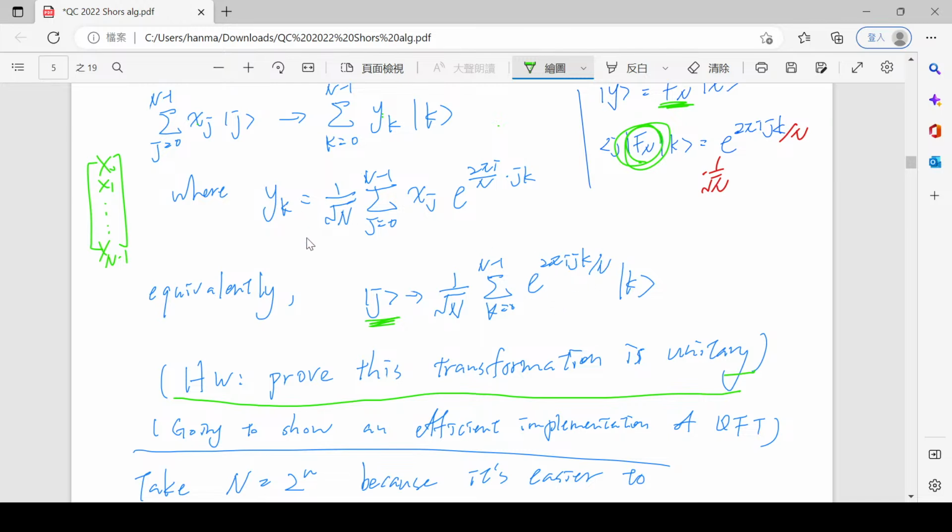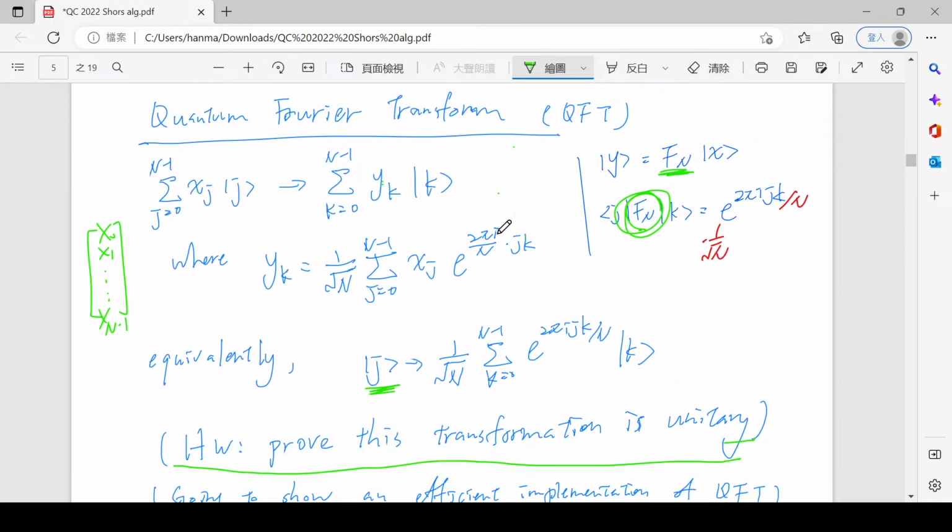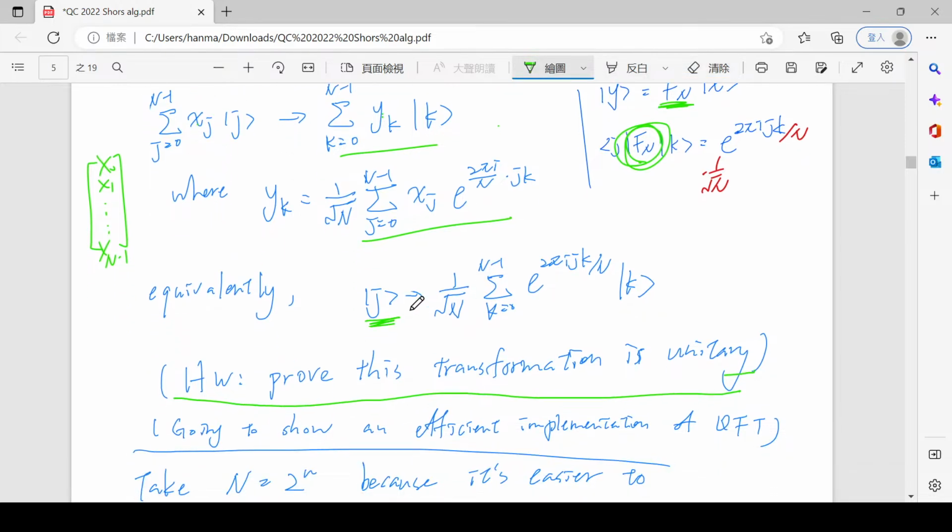Then you sum over k, remembering the output vector is the sum over k of yk |k>. We are basically just combining those two expressions: if you have a computational basis vector as an input, then the output is this vector. And basically this is the whole column of this F_n matrix. Anyway, they are all the same thing in different expressions.